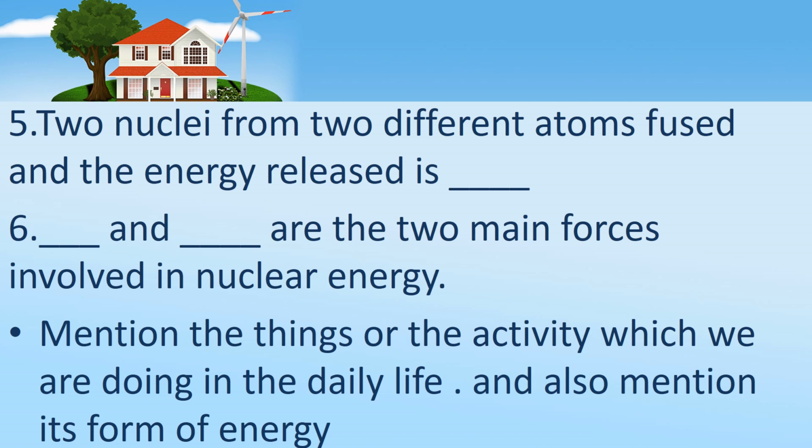Likewise you should write 15 things you use in daily life and mention what type of energy each possesses. If it is a moving fan, switched on, we can say it is kinetic energy, or if it is at rest, it is potential energy. That is also homework.